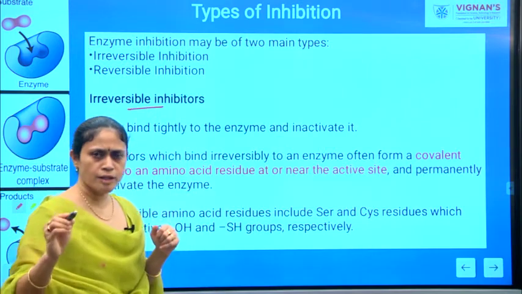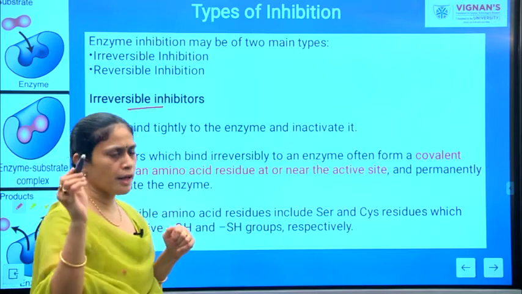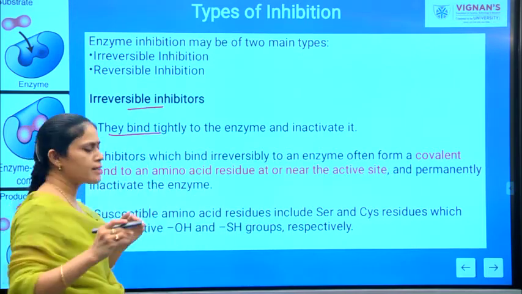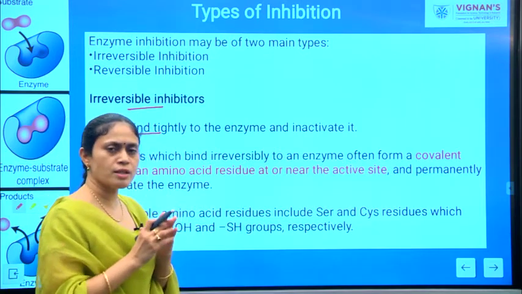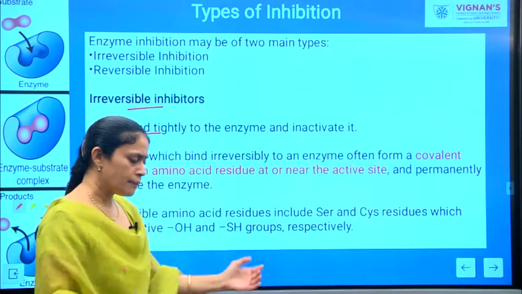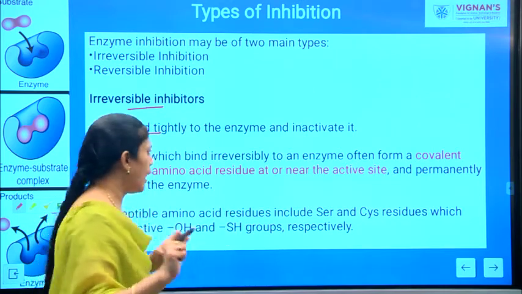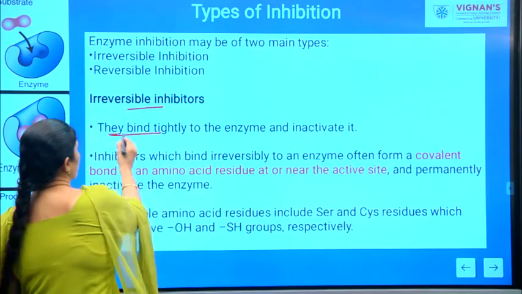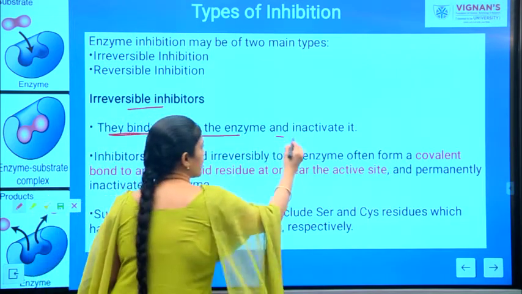What can be studied under irreversible inhibitors? The major characteristic of irreversible inhibitors is that they bind very strongly to the enzyme and completely inactivate it. They bind tightly to the enzyme and inactivate the enzyme.